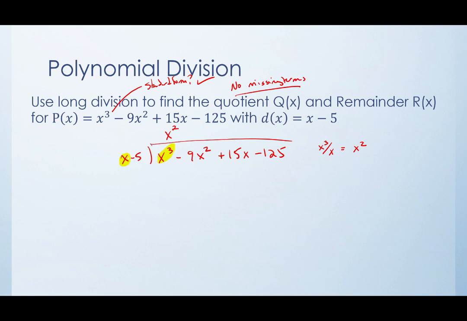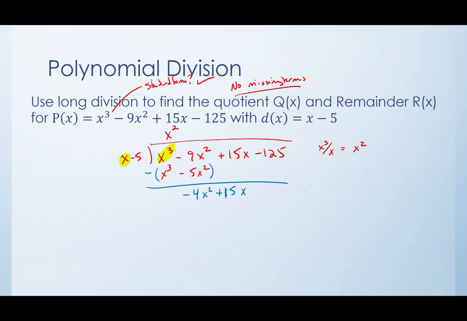Then we multiply. X squared times x is x to the third. X squared times minus 5 is minus 5x squared. And then we subtract. So of course we get 0x cubed, they cancel out. Minus 9x squared minus negative 5x squared will be minus 4x squared. And we're going to bring down the 15x.